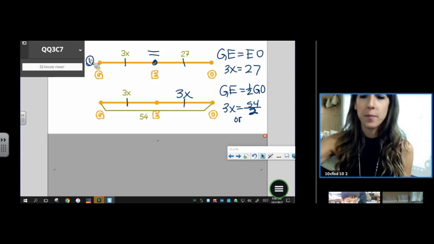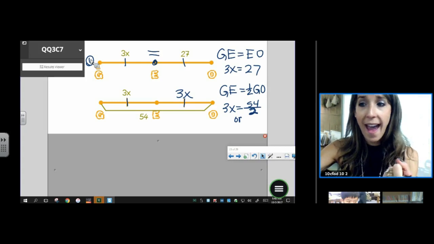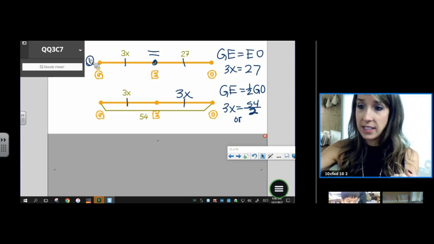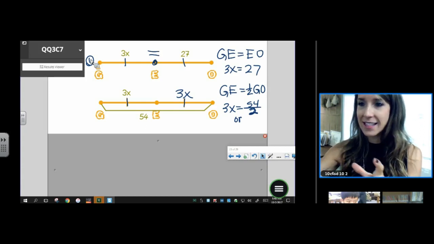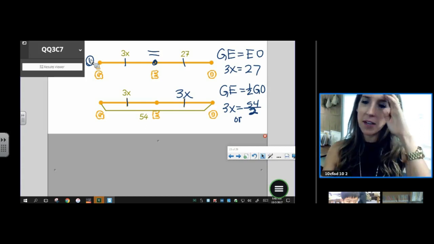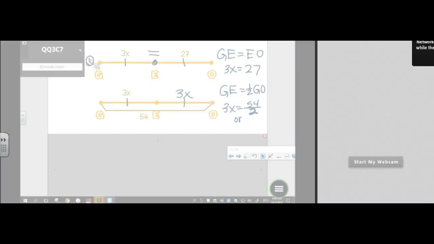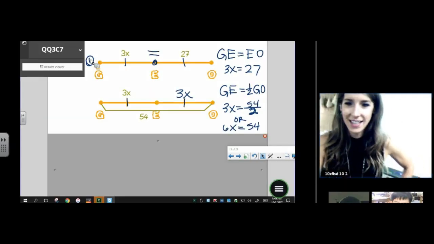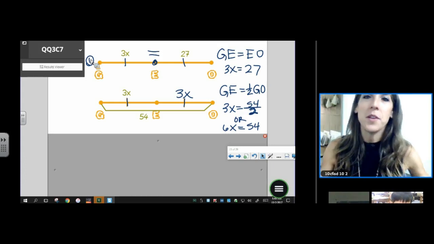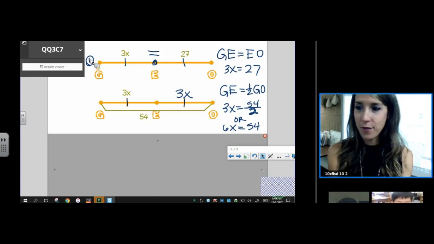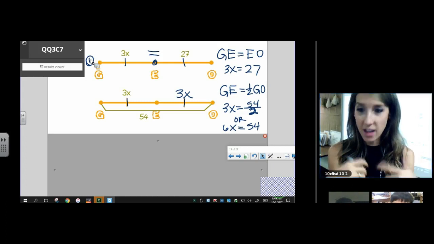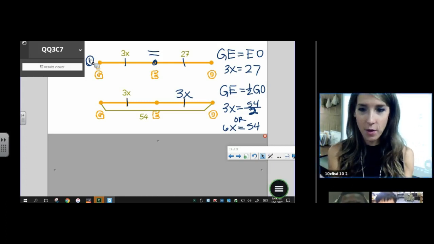So see what we did there. We can either double the half, 3x doubled is 6x, or we can half the whole. I know mine's lagging because I wrote that up there and it's not showing up on my shared screen. Connection issues, sorry about that. So you can either double the half or you can half the whole.